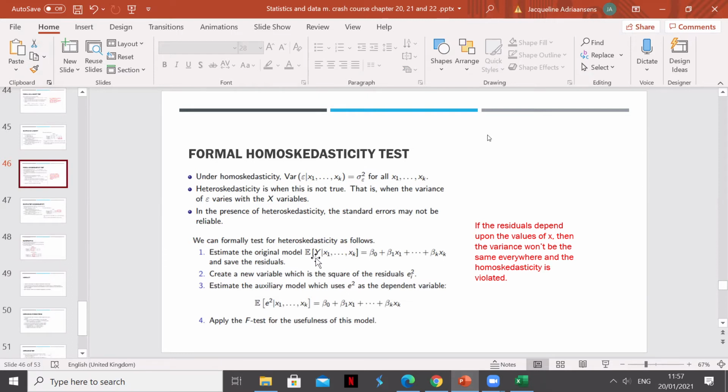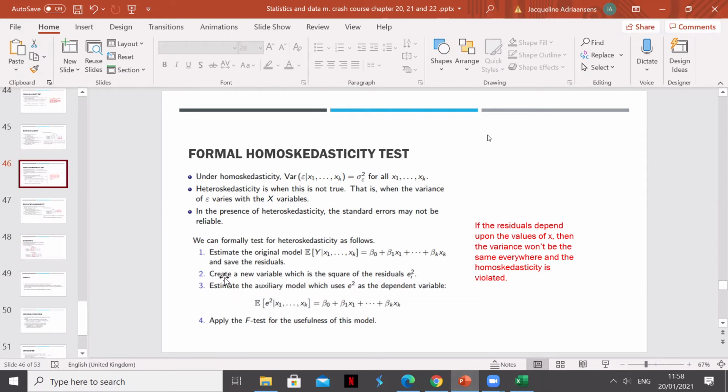Because you want to see if the residuals depend on the X values. If the residuals depend on the X values, then there might be, for example, very big ones at big values of X and very small ones at small values of X. And if that happens, of course, then the variance is not constant.